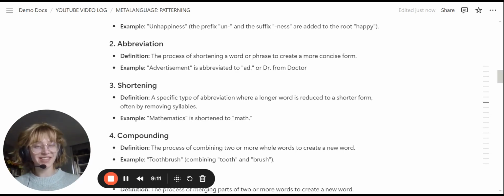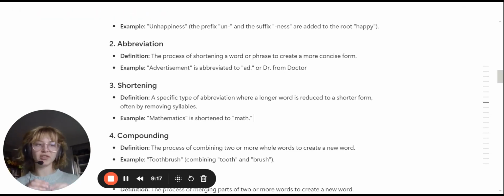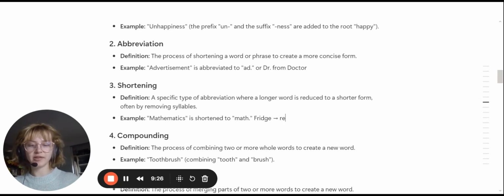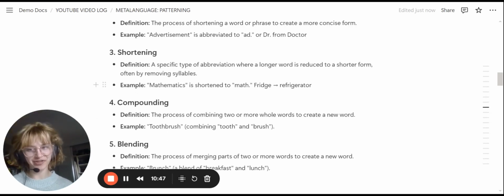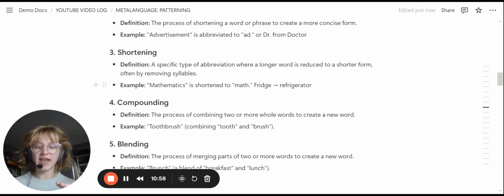So this is actually really hard to differentiate, but another example, so shortening, it's just reducing the word to a shorter form through taking out syllables, which of course abbreviation also does. But another example is fridge from refrigerator. Anyway, these two are hard to differentiate, but the only time I would actually really use them is when I'm discussing the uniquely Australianisms of an abbreviation plus the hypocoristic use of endings.